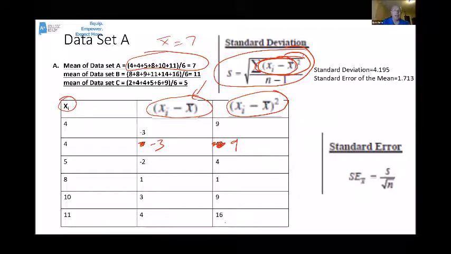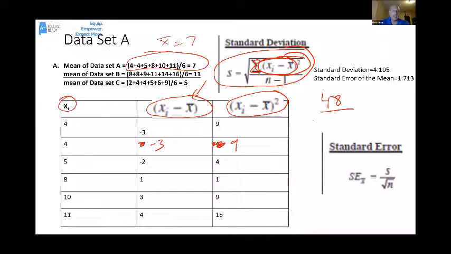Now, to calculate my standard deviation, first of all, I want to sum up xi minus x bar squared. So add up this column. So let's see, that would be 18 plus 4, 22, plus 1, 23, plus 9, 32, plus 16 to get 48. So the sum of xi minus x bar squared is 48. I want to divide that by n minus 1.